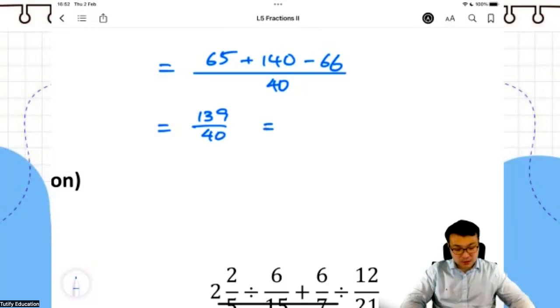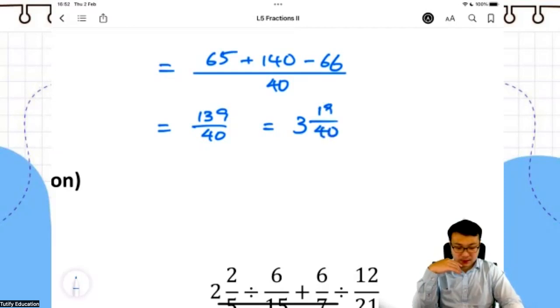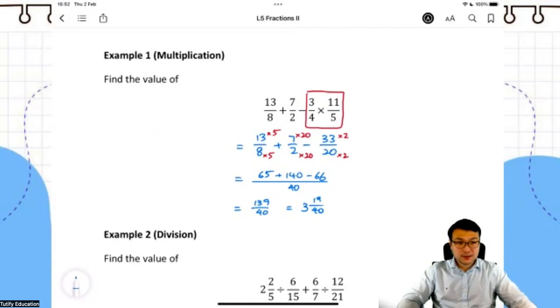Now, can you help me to change this into a mixed number? It is 3 wholes and 19 over 40. Well done. Good job, Kate.